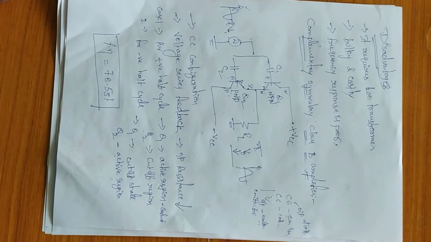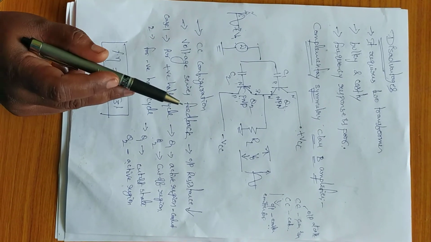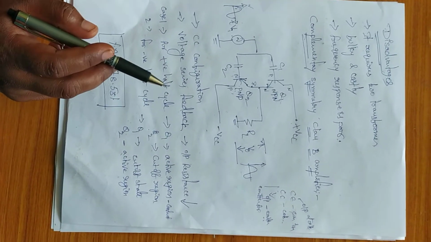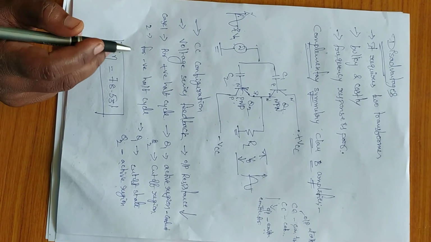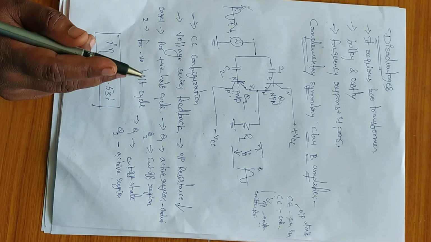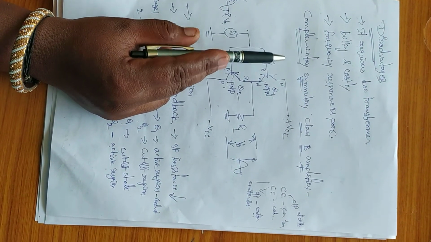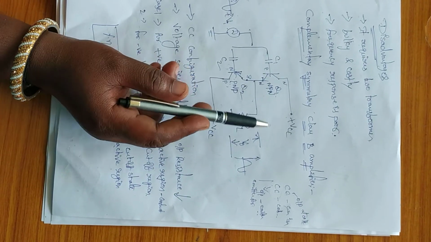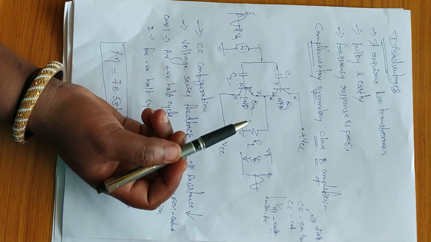Hi everyone. In last class, we discussed about push-pull amplifier. In push-pull amplifier, we are using same type of transistors, and its efficiency calculation. In this class, I am explaining complementary symmetry amplifier. So this is the circuit diagram of complementary symmetry amplifier.